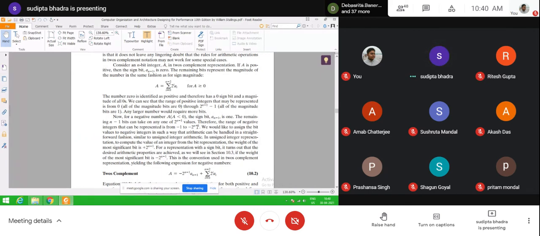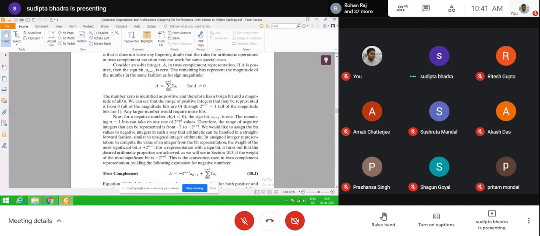Now in case of a negative number, the sign bit is 1, and the remaining n minus 1 bits, so with 8 bits, a7 is 1 and the remaining 7 bits, can take any one of the 2 to the power n minus 1 values.